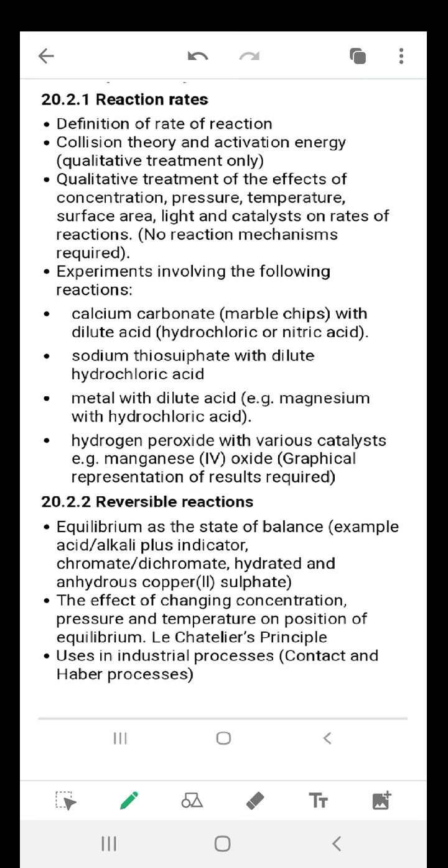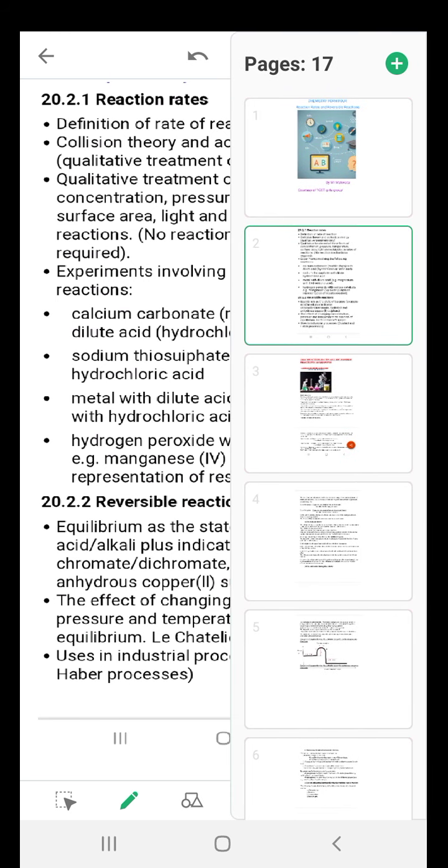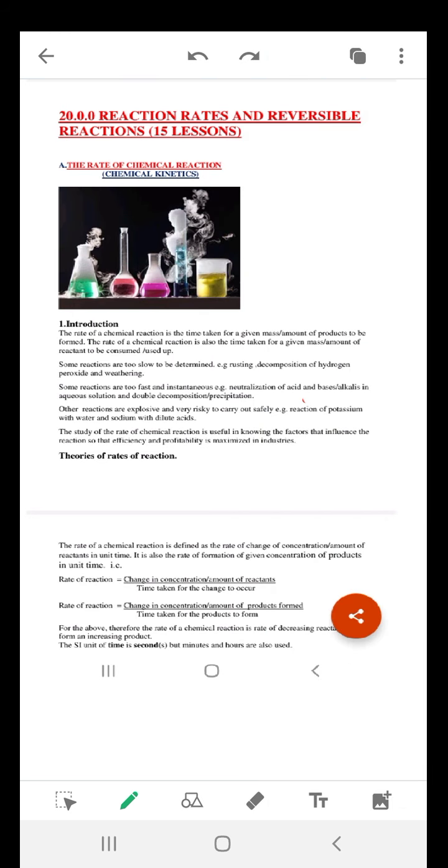So we shall look at what are the factors affecting equilibrium, how pressure affects equilibrium, how temperature affects equilibrium, and how concentration affects equilibrium. Then we shall look at the uses of some industrial processes, the contact process, the Haber process, and some other processes. What are their uses?